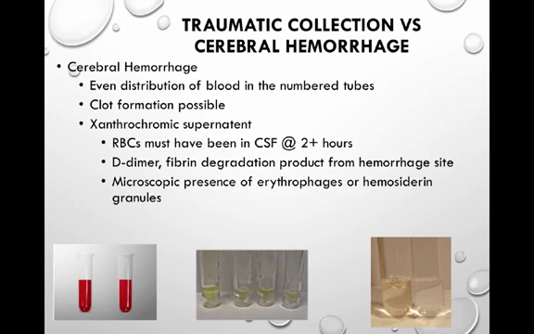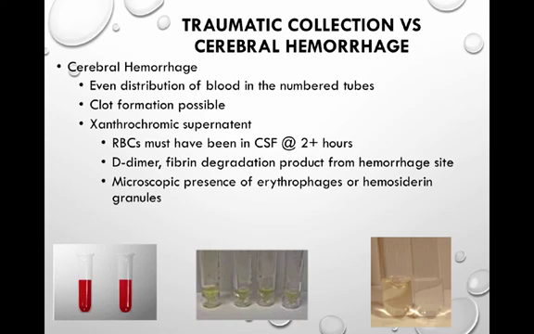If there is sufficient blood and fibrinogen present, clots may be seen. After spinning the CSF sample in the centrifuge, xanthochromic yellow supernatant will be seen in patients with cerebral bleeds if enough time has gone by for the red blood cells to degenerate.